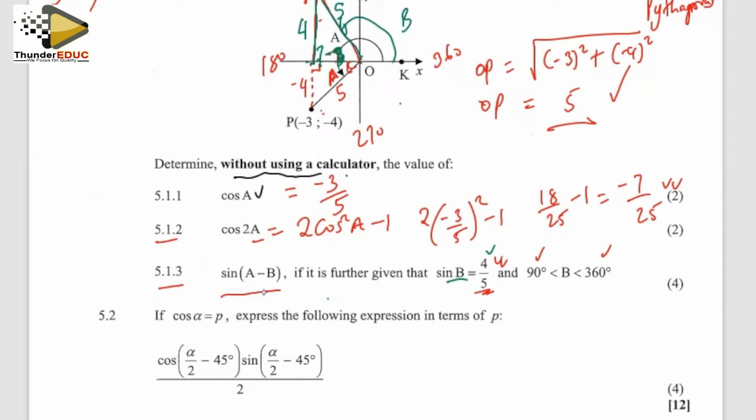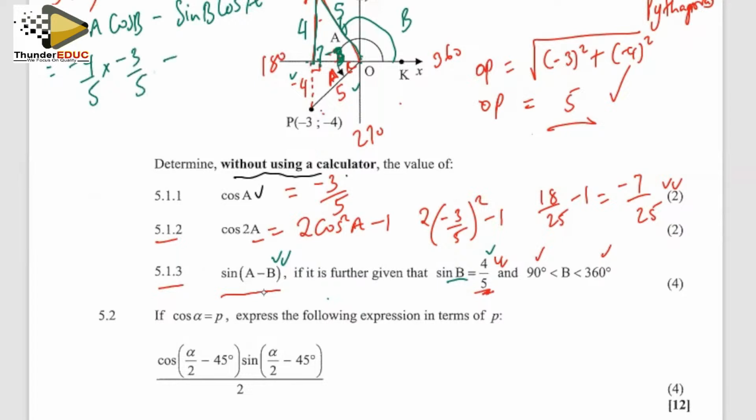Okay, so let's break this down using the compound angles. Sine (A minus B) is going to be the same as sine A cos B minus sine B cos A. Whichever format it is, it is like that. Then sine of A is opposite over hypotenuse, so -4 over 5, times the cos of B, which is adjacent over hypotenuse, -3 over 5.